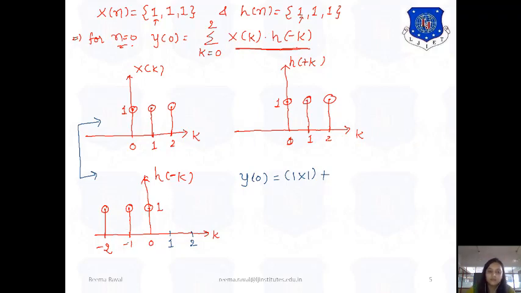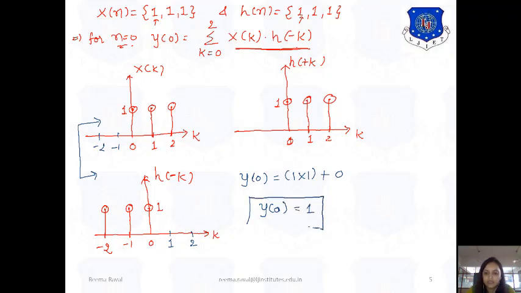Similarly here at minus 1 the value is 1, but in this at minus 1 there is no value, and here at minus 2 again no value. So that will be 0. That means the rest of the terms will be 0, because at that particular instant we have no values, right? So the answer over here is y of 0 equals 1. Why?